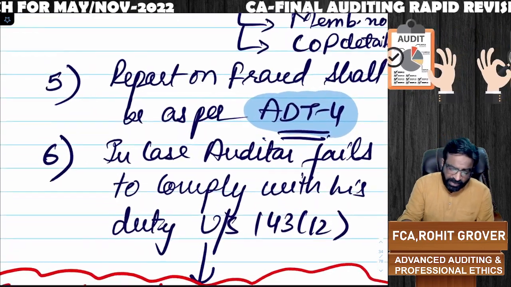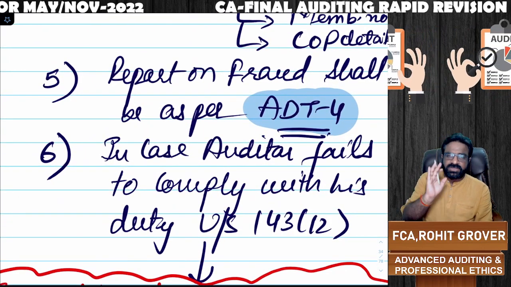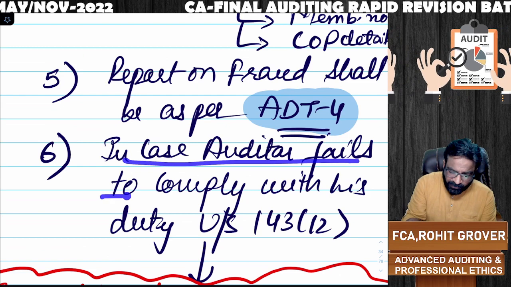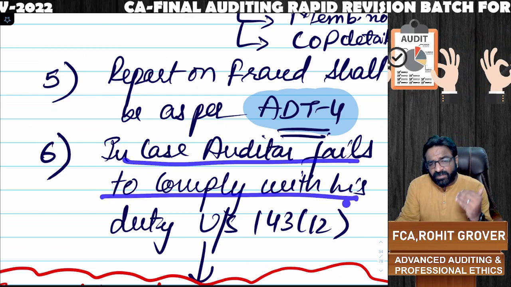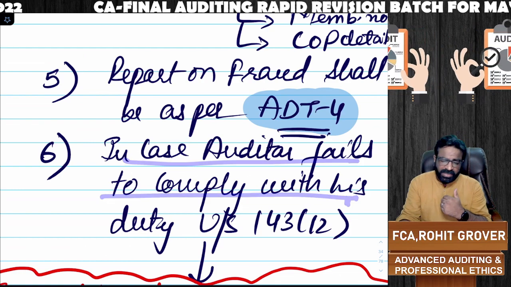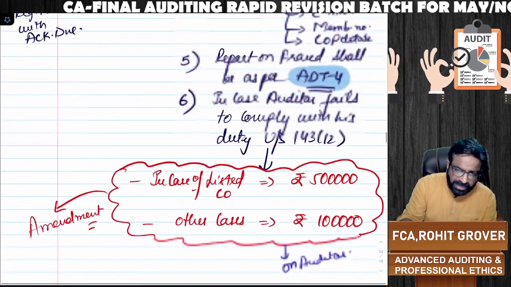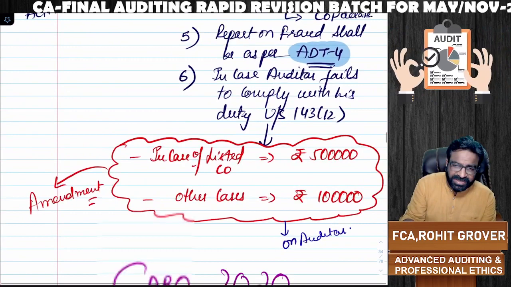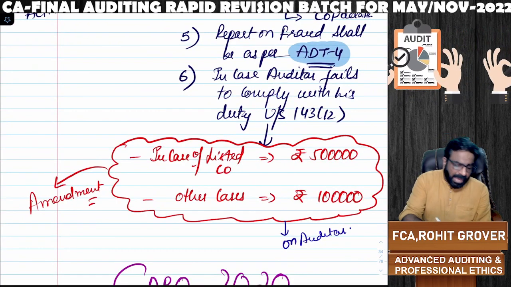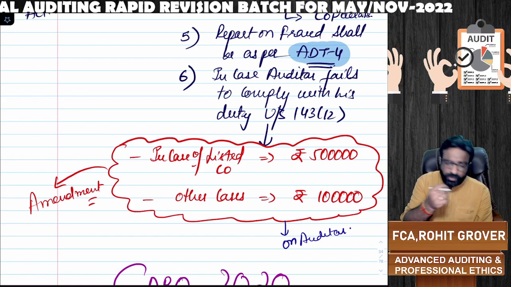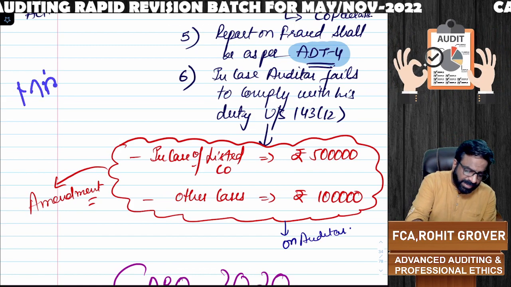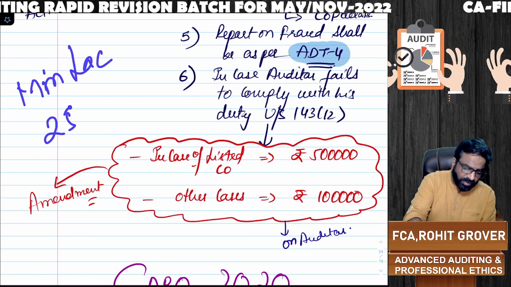Now section number 143 subsection 15 talks about what? In case the auditor fails to report or fails to fulfil his duty under section 143 subsection 12, then this is the amendment area. Now what is the amendment? You can see that it is a very simple amendment. Earlier, if you violated the duty to report the fraud, the penalty was minimum 1 lakh, maximum 25 lakhs.